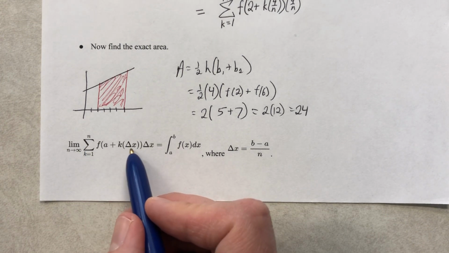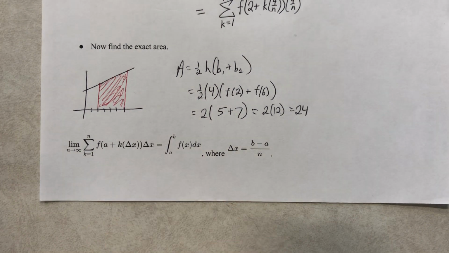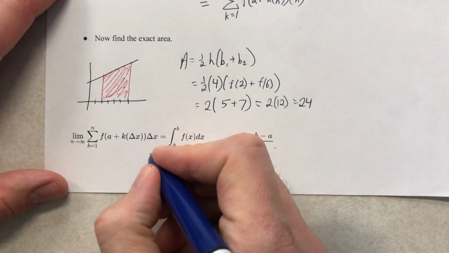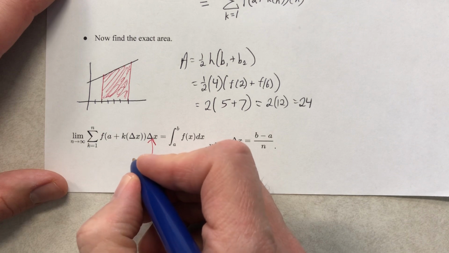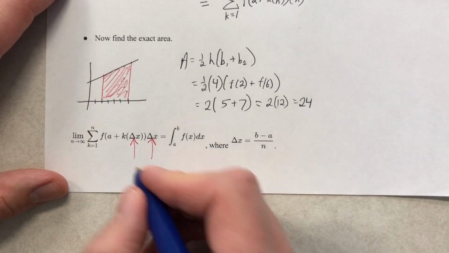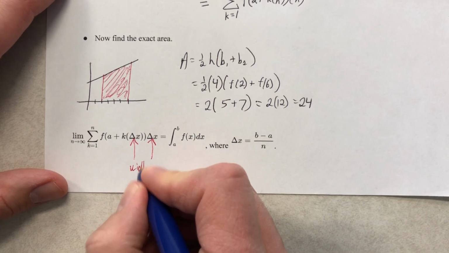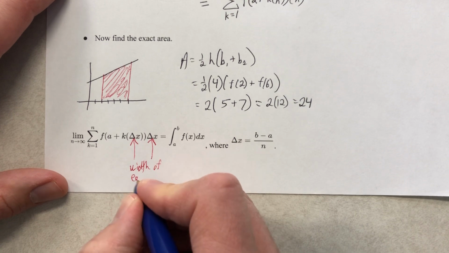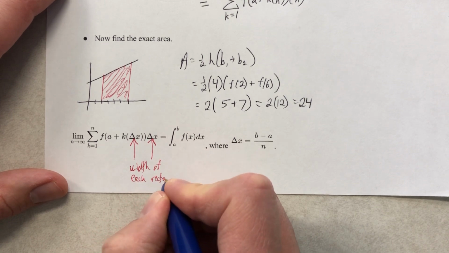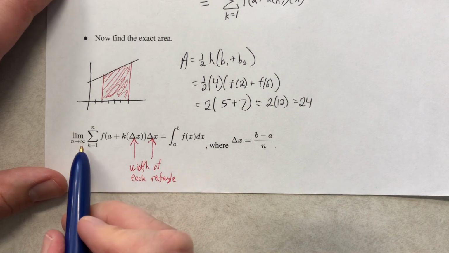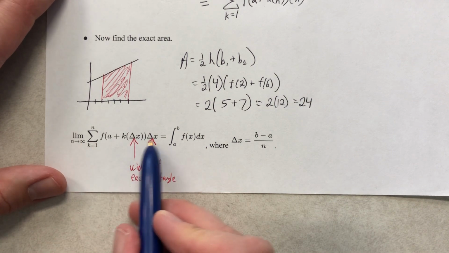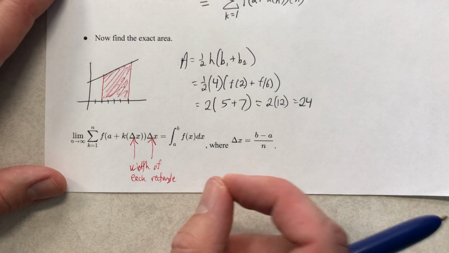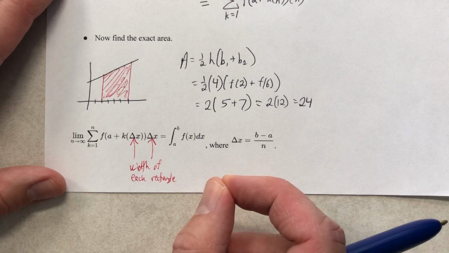And then delta x, what's delta x? This is the width of each rectangle, which really means that if I have an infinite number of rectangles, each rectangle is infinitely skinny. It approaches a width of 0.